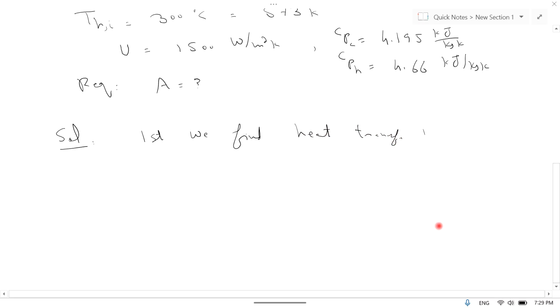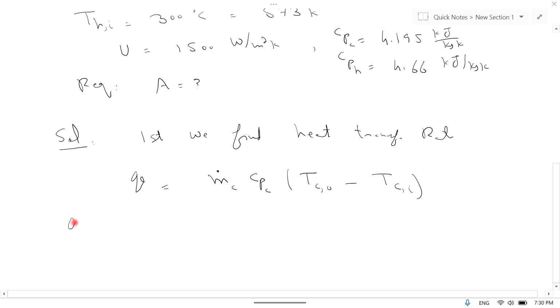Heat transfer rate. We know that Q is equal to m dot c, specific heat capacity of cold water, into T_c,o, temperature of cold water outlet, minus temperature of cold water inlet. So put values here.